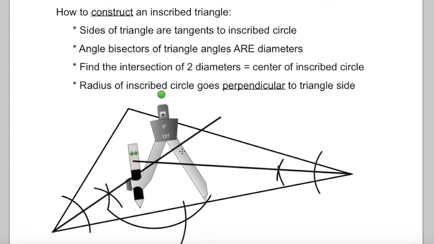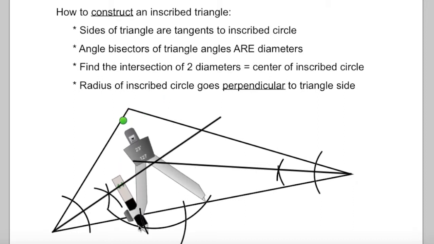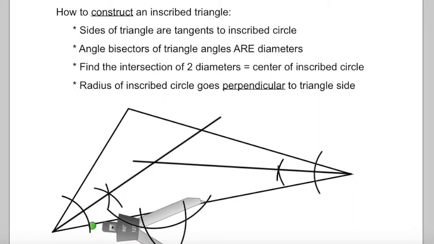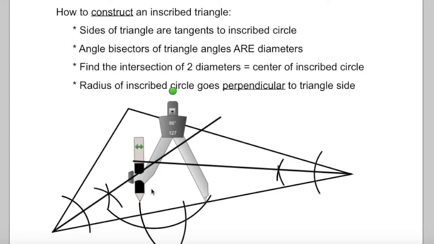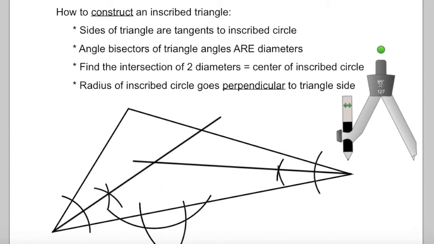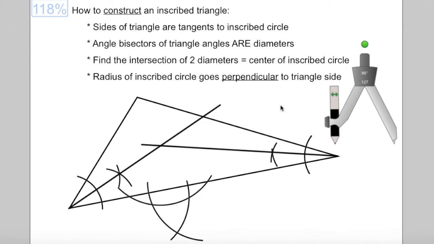Notice where my compass point is going at the end of that arc that I made to create the perpendicular here. And now we're going to create the second part of our perpendicular bisector. Move my compass out of the way, and I'm going to zoom out so that I could see the actual intersection point there.